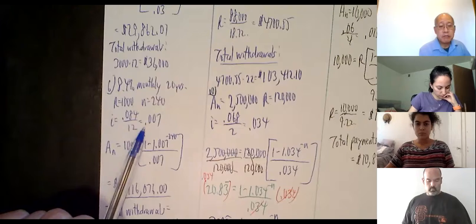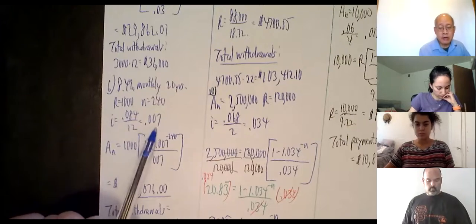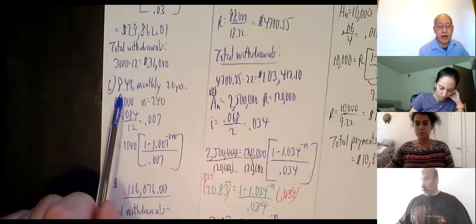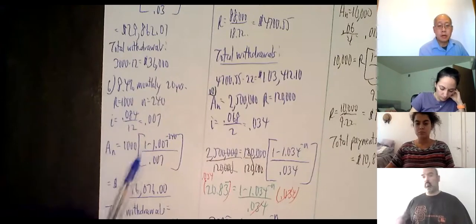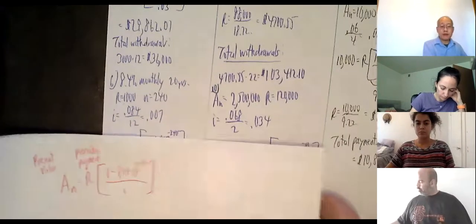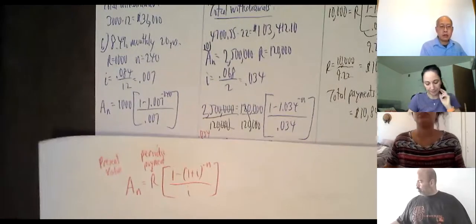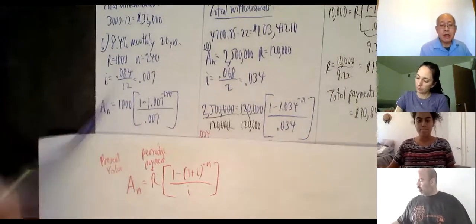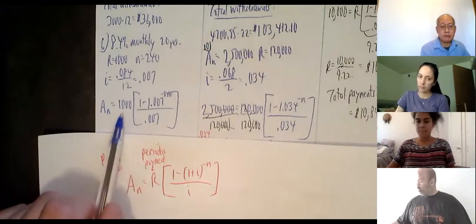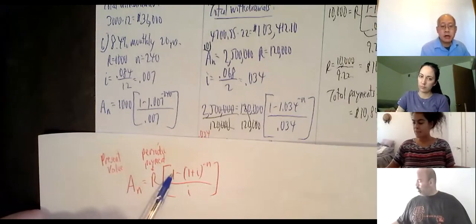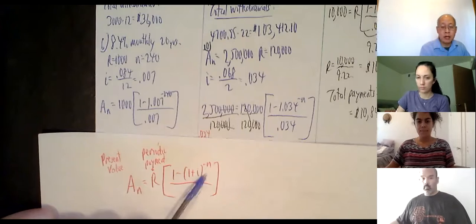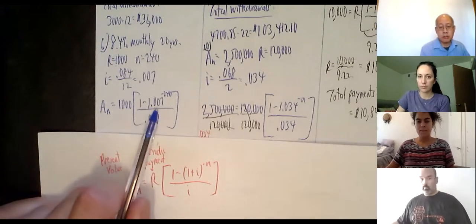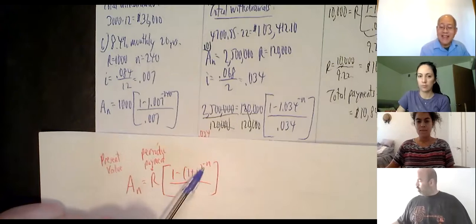So that means each month I'm only getting 0.007, but I'm doing that 12 times. So if we multiply that by 12, that's the 8.4% annually. All right, so throw everything into the formula. A sub n is R, $1,000. That's the amount that I'm withdrawing from this account every time. 1,000 times 1 minus 1 plus I to the negative n, divided by I. So 1 plus 0.007, 1.007, raised to the, careful, it's negative n.